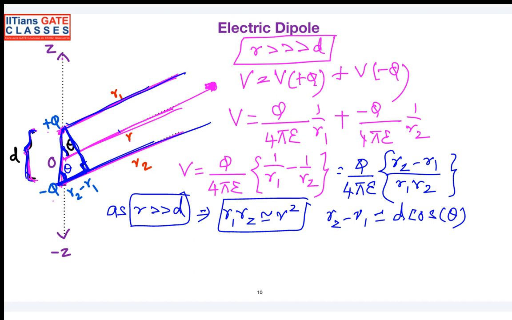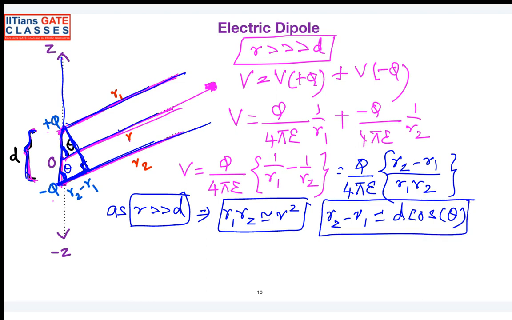No, why I was mentioning theta: theta is basically what in the spherical coordinate system? Theta is the angle measured from the z-axis, right? So this is also, I was assuming, from the z-axis. So we measure the angle from the z-axis. Yeah. Now, so I can say R2 minus R1 can be approximated to d into cos theta.